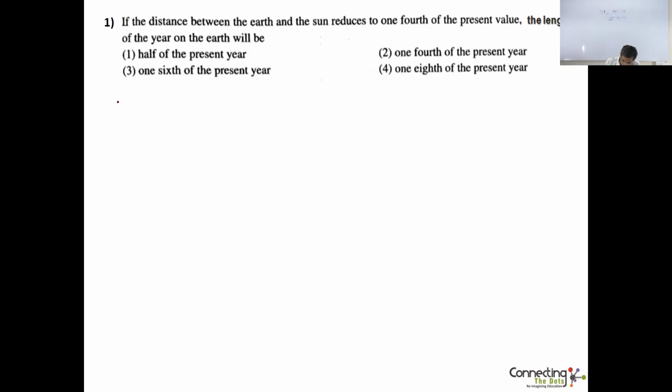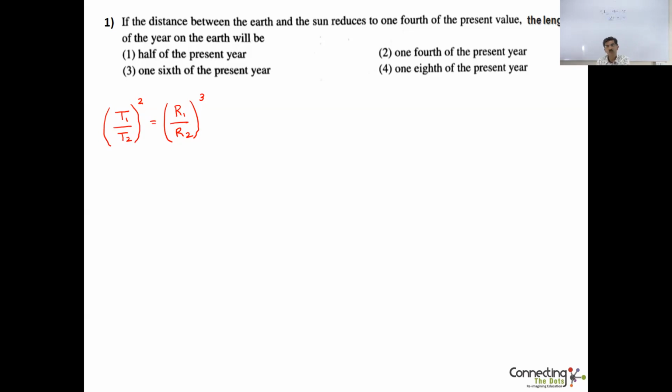The relationship says that the square of the time period and the cube of the distance of the orbiting object are proportional to each other. So the square of the time period is proportional to the cube of the distance from the Sun in this case.